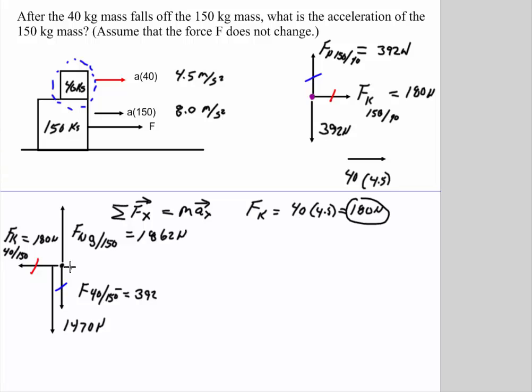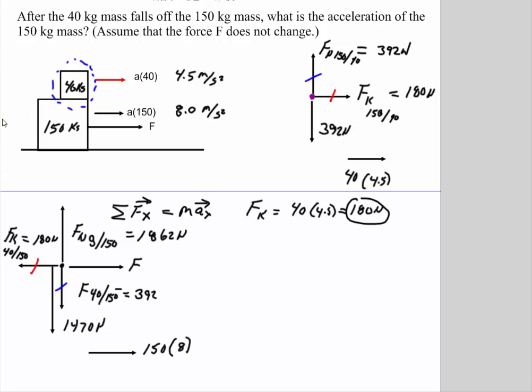So now what we can do is make this our F value. Again, what I like to do down below or to the side is go ahead and put the mass times acceleration, because it's important not to forget that. So we'll make this 150 times my acceleration, in this case 8.